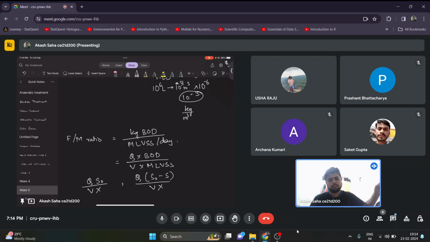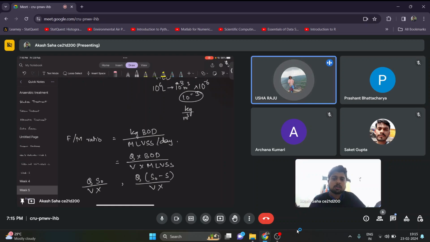So if the effluent concentration is given, that some part of BOD is going out of the system after the aeration or after my secondary clarifier, then the only food to be considered is the difference between the influent and effluent. But if that data is not given and not known to us, then we can directly take just the influent part, because that is the amount of available food to the microorganisms.